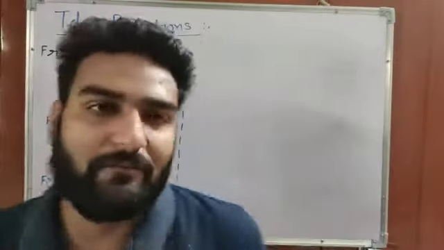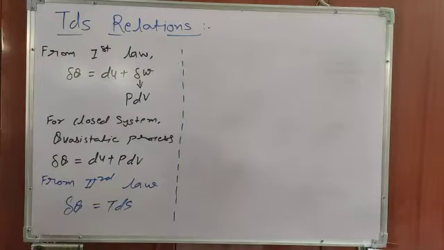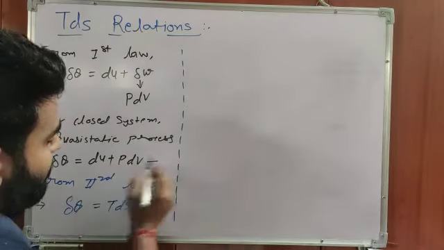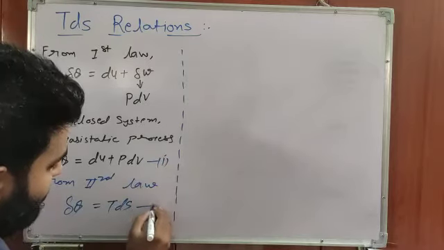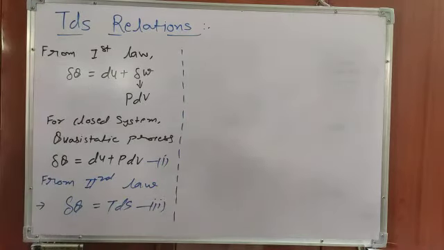So this is the relation between heat interaction and change in entropy, and the conservation of energy is in the first law. From this, this is the first equation and this is the second equation.